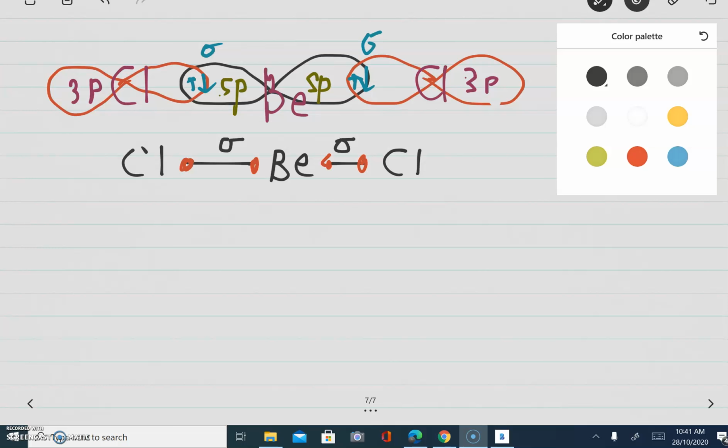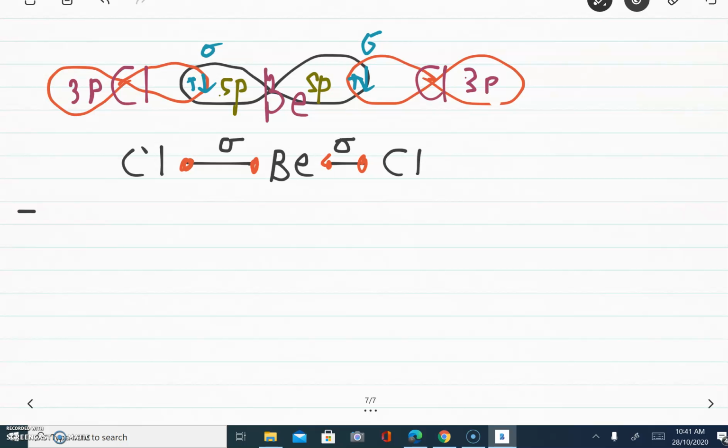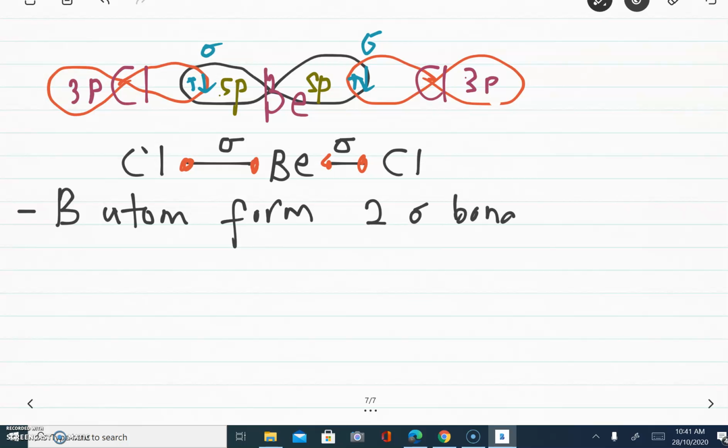Now, how do you explain the formation of sp hybrid orbital? So we focus on the central atom. We label the beryllium atom forms 2 sigma bonds with chlorine atoms.